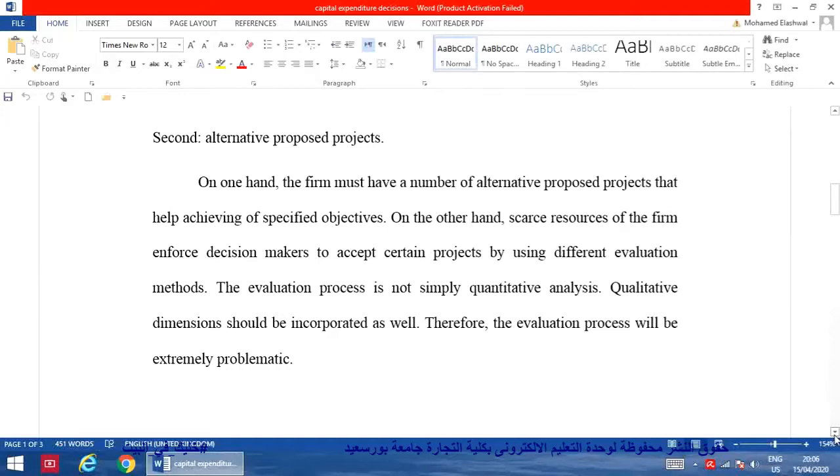On the other hand, scarce resources of the firm inform decision makers to accept certain projects by using different evaluation methods. The evaluation process is not simply quantitative analysis. Qualitative dimensions should be incorporated as well. Therefore, the evaluation process will be extremely problematic.